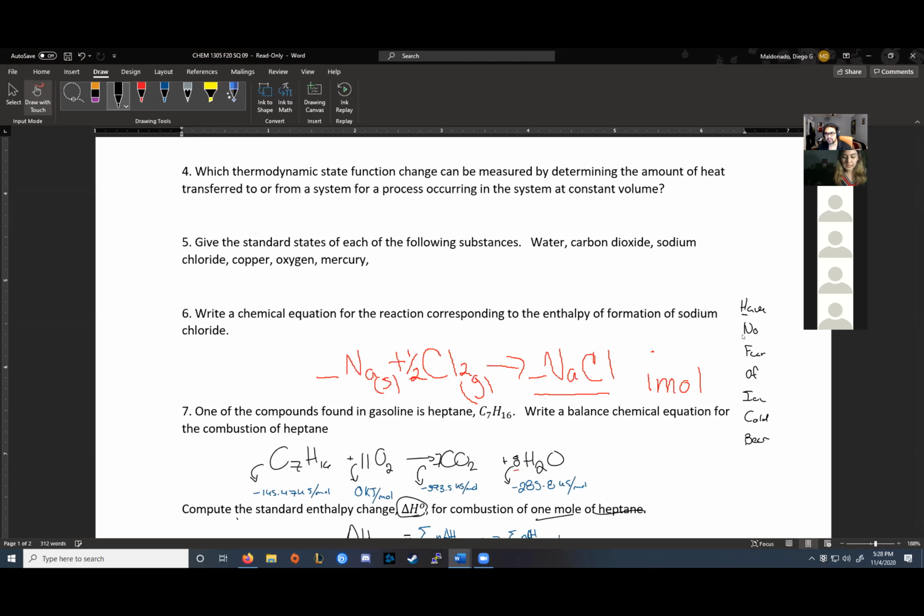Basically each first letter of the sentence is a diatomic element. So we have hydrogen, nitrogen, fluorine, oxygen, iodine, chlorine, and then bromine. That's the way you can remember your diatomic elements.